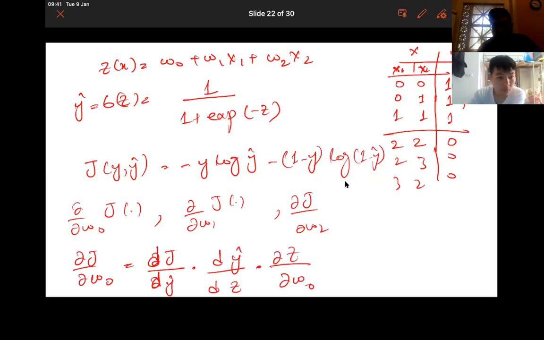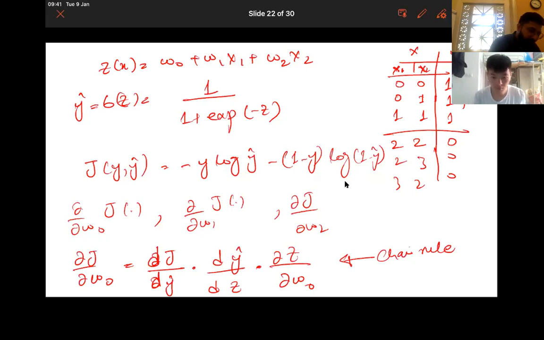Can I do that? And what is this called from calculus? Okay, I can do that. This is a correct expression, but what is it called? This is chain rule.